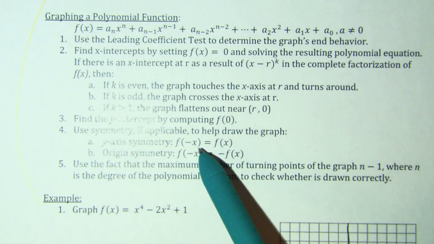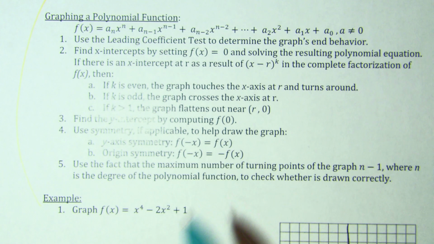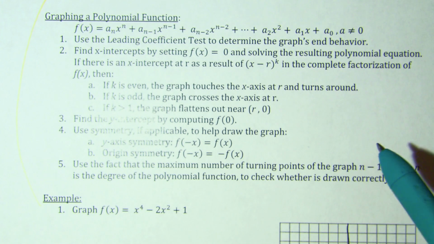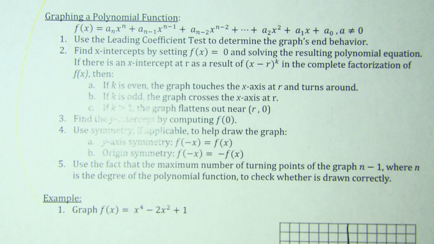We can use symmetry. We can look at what we learned previously about even and odd functions. And we can also find the number of turning points that the graph can have. So all of these pieces together can help us get an idea of what the graph looks like.